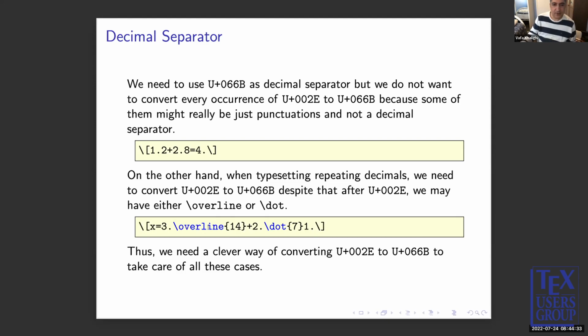So with this one, we really want this dot and this dot to act as a decimal separator, but the last dot to be just a period.